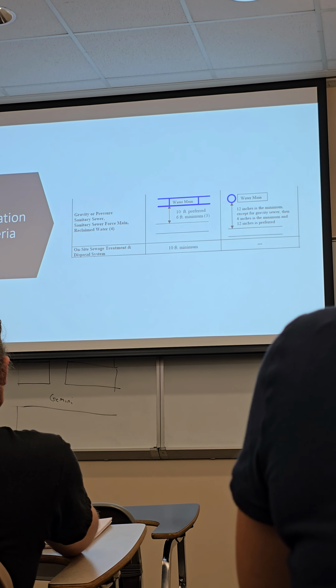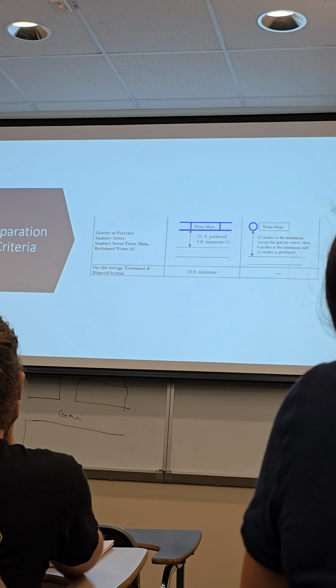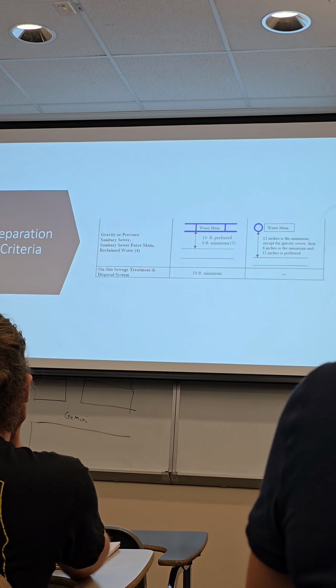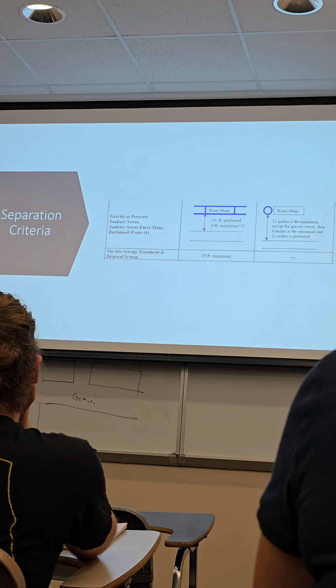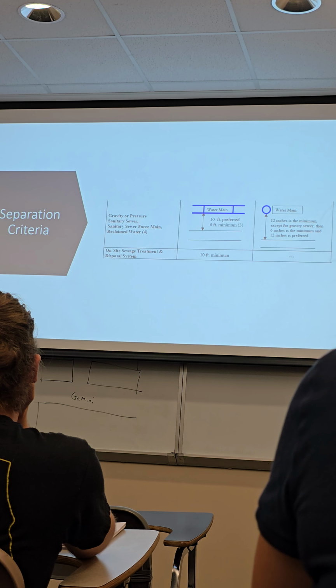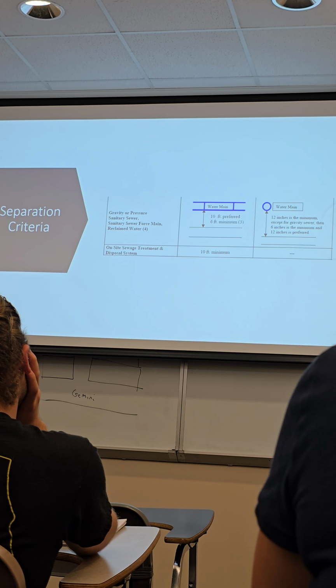Because you want to protect that. That's treated water, you don't want anything to get into it. So all the criteria is generally around that water main. If you're gonna have a utility crossing, the other utility would typically go underneath that water main. So this shows you the vertical and then horizontal separation that you would have with these utilities.